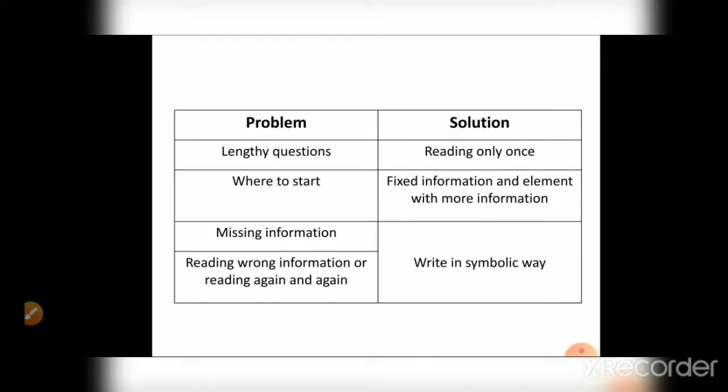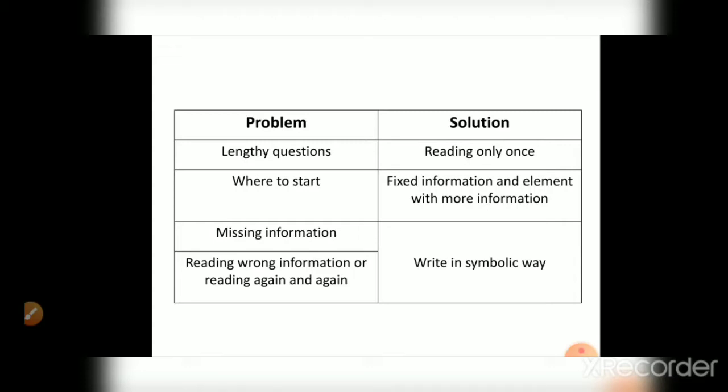While reading the question, you may miss some information about a particular element, and if you miss it, you have to read the question again and again to get the correct information, which takes more time.